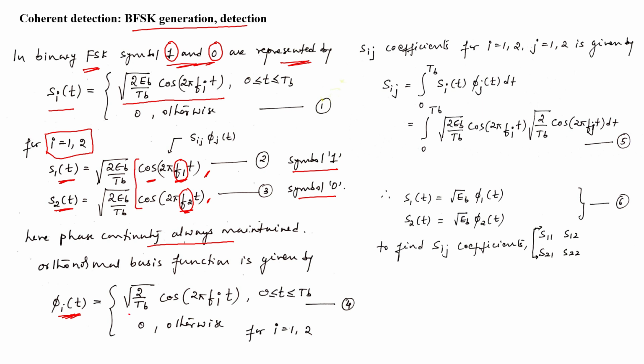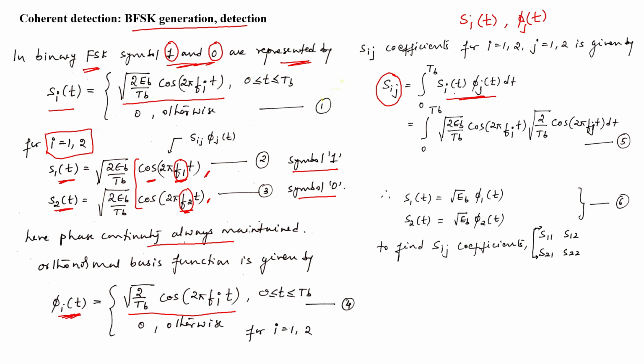Therefore, writing square root of 2 by Tb cos 2 pi fi t as our orthonormal basis function, we can now obtain the vector coefficients based on the signal we transmitted, Si of t, and the orthonormal basis function, phi j of t. So what is the expression for the vector coefficient? That is given by the integral from 0 to Tb of Si of t phi j of t dt.